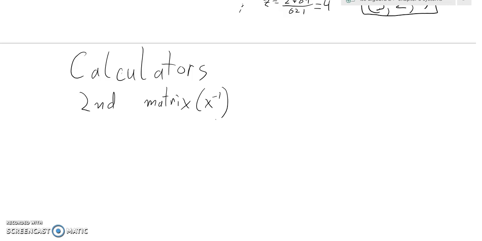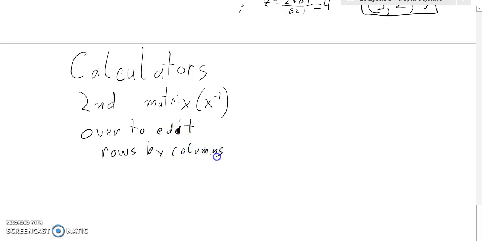If you go over to edit, you can input your matrices. Hit enter on edit, then you have to put in your rows and columns so that it knows how big you want your matrix to be. And then you can simply put in whatever matrix you want.